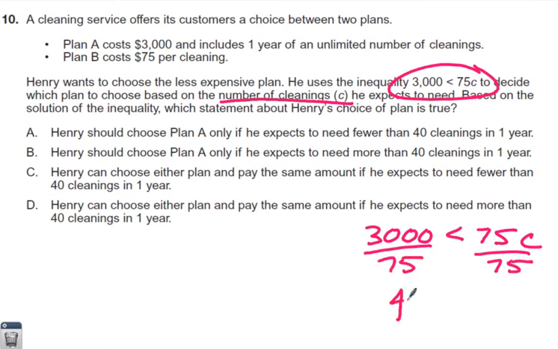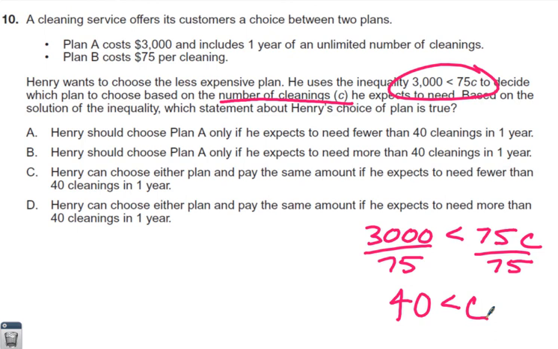I get 40. So once the number of cleanings exceeds 40, then going with the 3,000 is the smarter thing to do, because if we're going to get 41 cleanings, then we'd have spent more than $3,000.